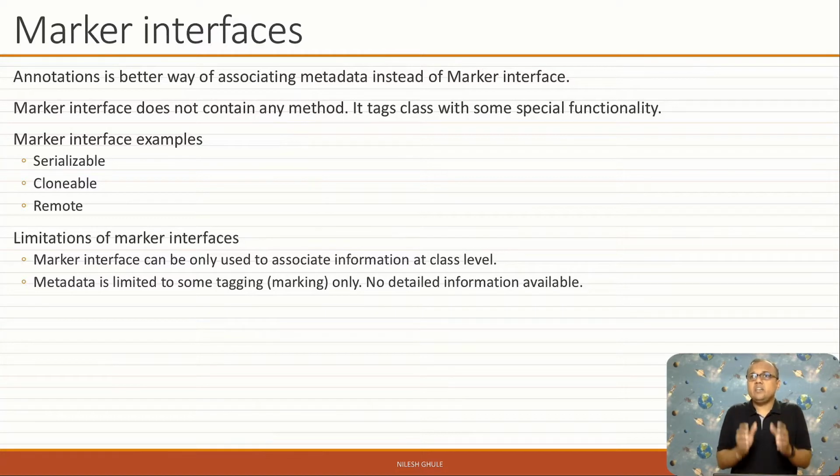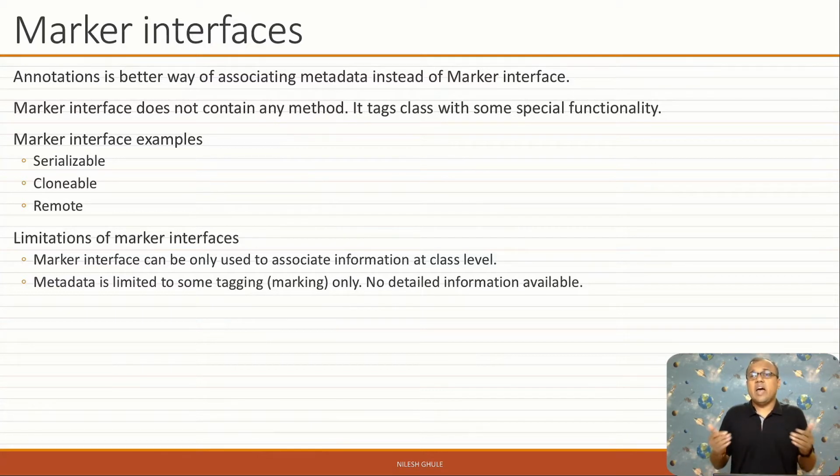Even though marker interfaces serve these simple purposes of attaching information at the class level, there were a few limitations. Since a marker interface doesn't contain any method, marker interfaces can be used only to tag some information, mark some information with some class.